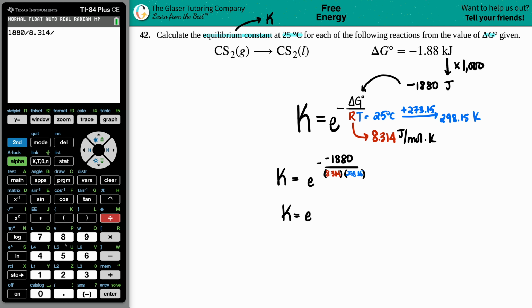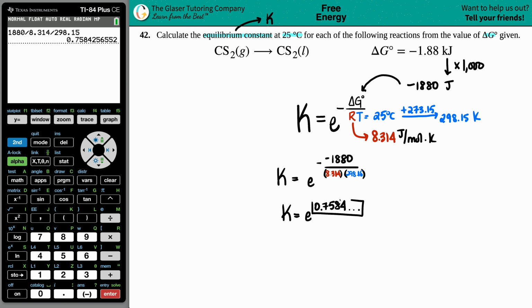If you press multiply, the calculator will think the 298 is on the top, in the numerator. So we want to make sure that the calculator understands. 298.15. Press enter, and you get a big decimal: 0.7584 with a bunch of other numbers after it.